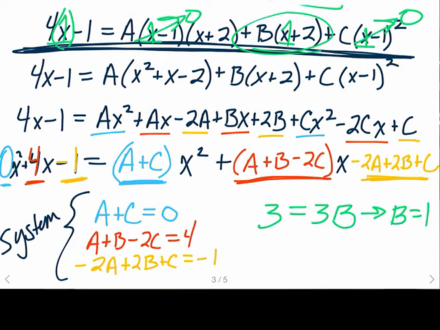Now we're going to do a similar thing, but I'm going to use the next equation because it's getting a little bit convoluted up there. If we were to let x equal negative 2, then the factors of x plus 2 would become 0. That would zero out the terms that have a and b.